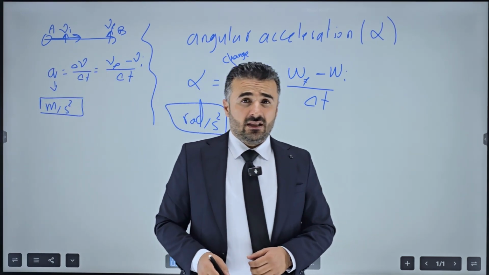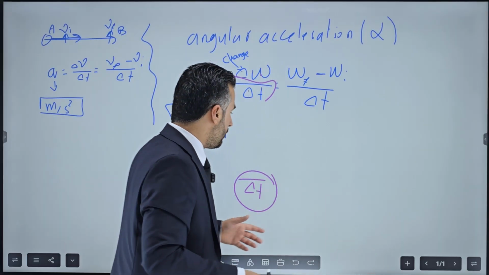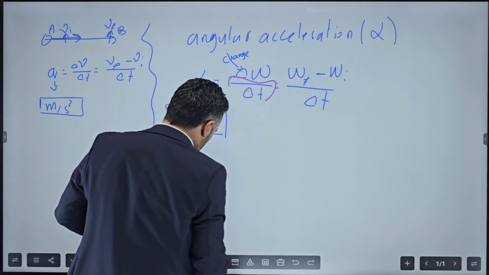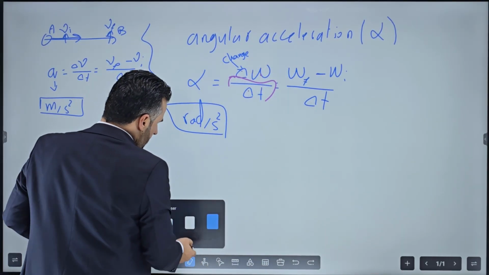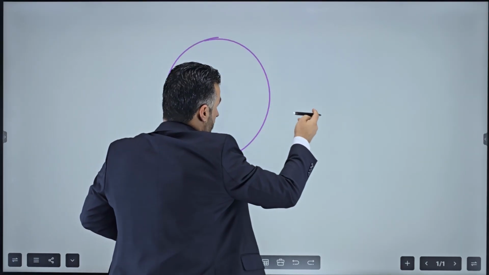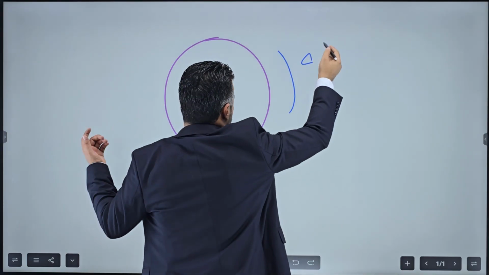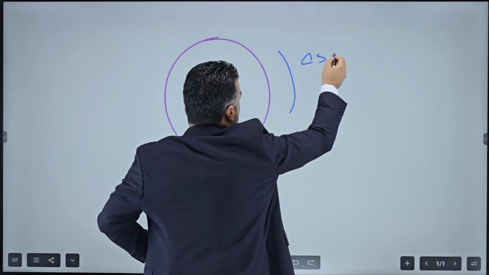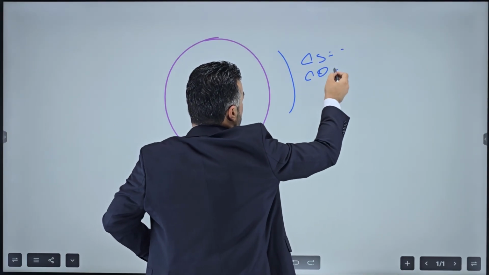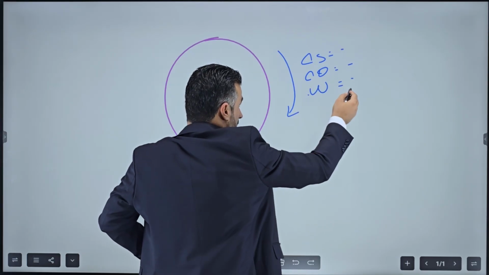That's one thing. Last year we said acceleration is a vector quantity, this year too. So one more time, do remember what we have said earlier. Let me just clean this one here. So we said that if an object is moving in a circle here, the arc length was negative, right? Let me just go ahead and write all this here. So the arc length was negative, the delta theta, angular displacement, was negative, angular speed was negative if it was clockwise, right?